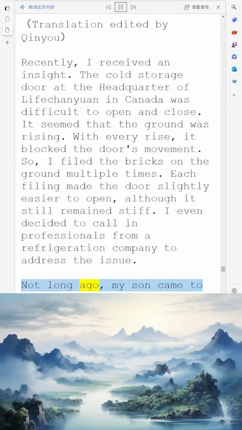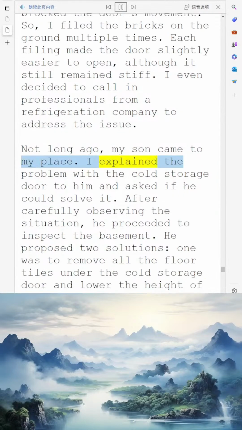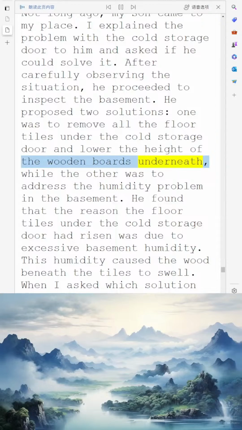Not long ago, my son came to my place. I explained the problem with the cold storage door to him and asked if he could solve it. After carefully observing the situation, he proceeded to inspect the basement. He proposed two solutions. One was to remove all the floor tiles under the cold storage door and lower the height of the wooden boards underneath, while the other was to address the humidity problem in the basement.